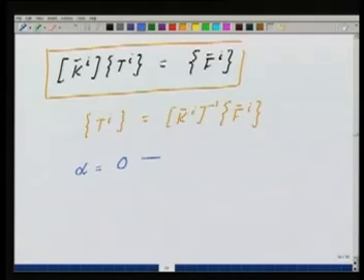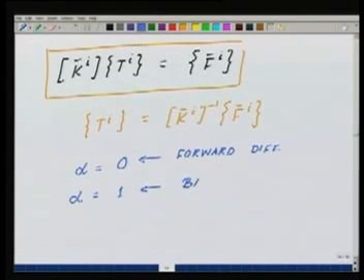the choice alpha is equal to 0. This will be forward difference. Alpha is equal to 1 is the backward difference scheme.